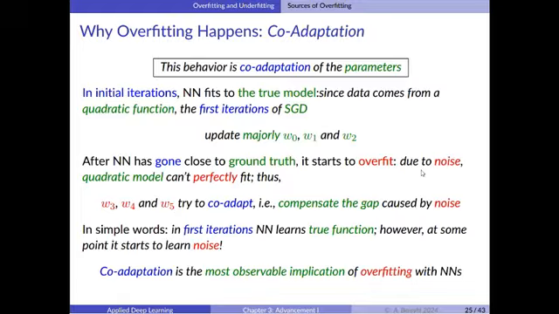So W3, W4, and W5 try to co-adapt. In the first iterations, the neural network tries to learn the real function, and at some point it starts to learn noise, and it is the most observable implication of overfitting with neural networks.